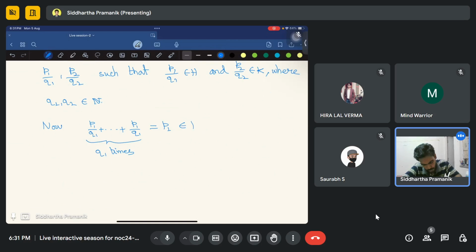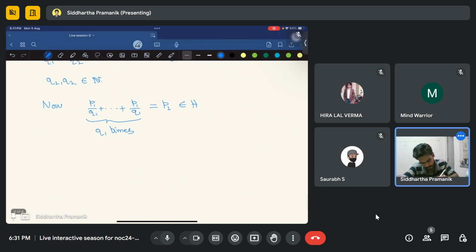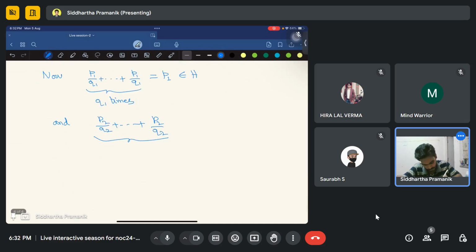So this should belong to H because we are adding elements of H only. Similarly, if you add p2/q2, q2 times, this is again equal to p2 and this belongs to K. Okay.